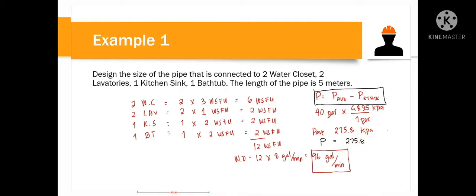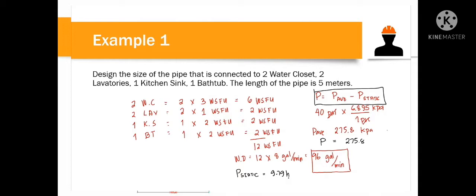Now, our static pressure, that is equal to 9.79 times the H. Now, take note, since hindi sinabi sa problem if it is 2-story or 3-story building, so we assume na 1-story lang siya, and that we do not have fixtures sa taas or fixtures na naka-elevate.